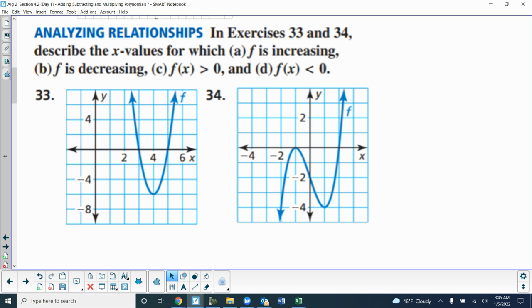So this part from, what did we use for decreasing yesterday? Purple or red? No, purple, right? All right, so this part is the decreasing part, and we do the x values, okay? So what's the x value here where I'm pointing? 4, right? So all the x values less than 4, it's decreasing.